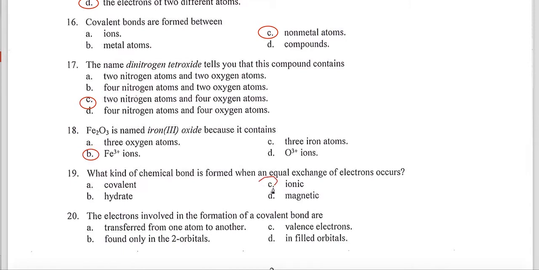That is going to be letter C, ionic. The electrons involved in the formation of the bonds are going to be your valence electrons. That's the reason why we have any type of bond, they are formed with the valence electrons. Okay, and let's skip down to the next page, and then we will be done for this one.